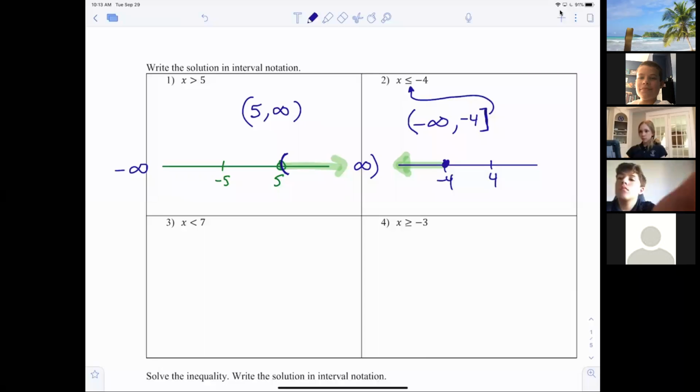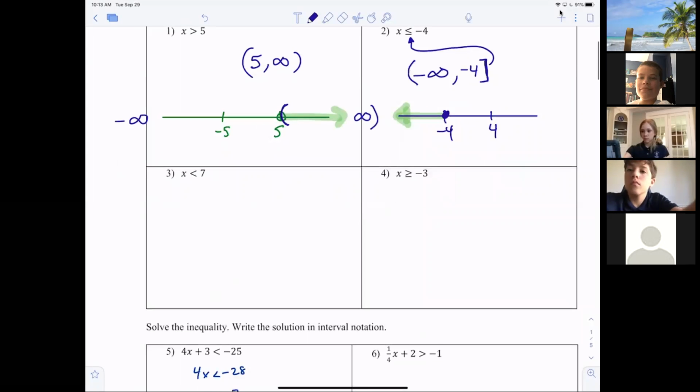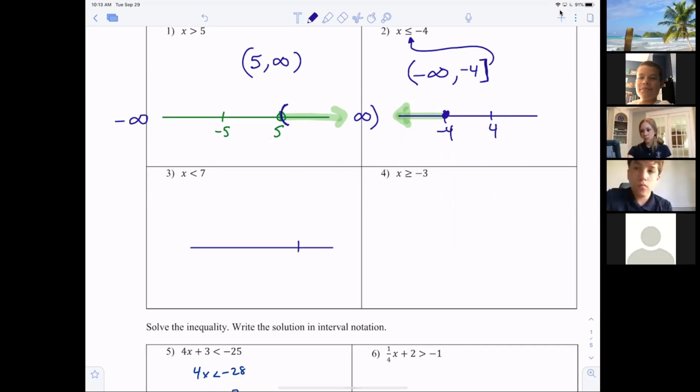Now let's look at number 3. X is less than 7. There's 7, there's -7, an open circle at 7, and then we're going less than. That would be the number line. But again, we're not doing number lines anymore.